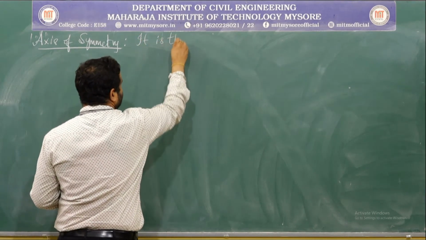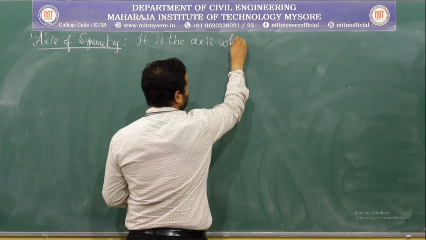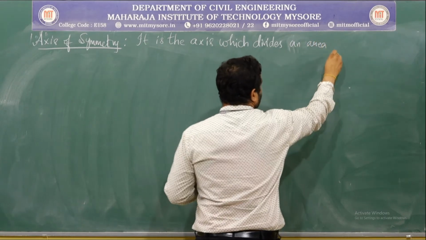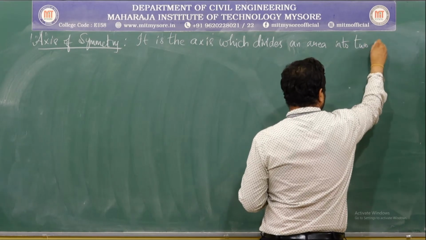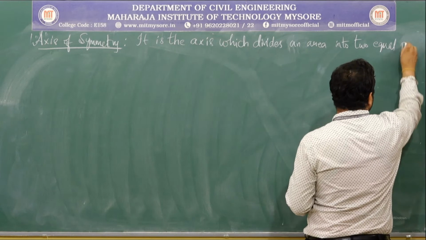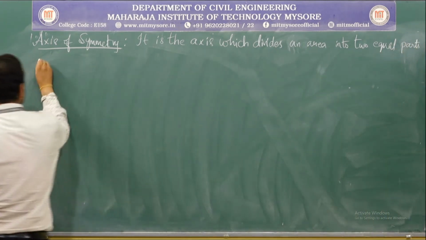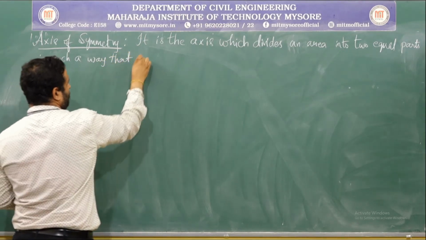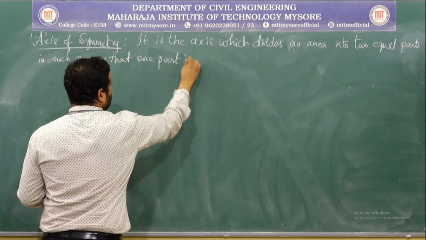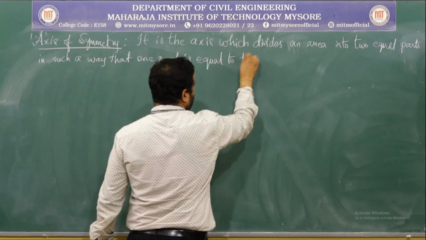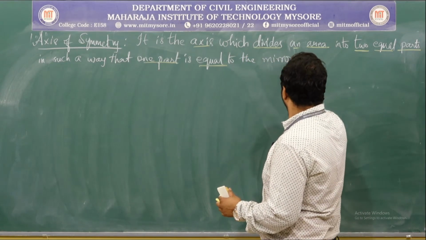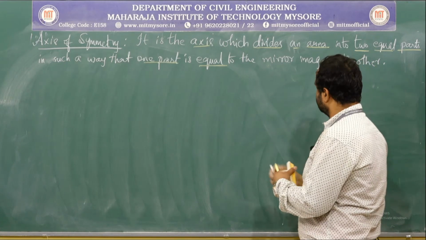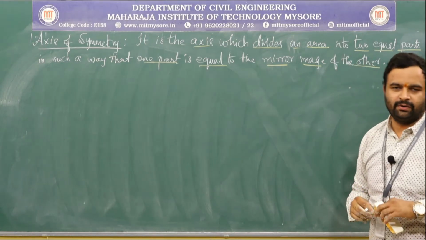It is the axis which divides an area into two equal parts in such a way that one part is equal to the mirror image of the other. I hope you have understood about the axis of symmetry.